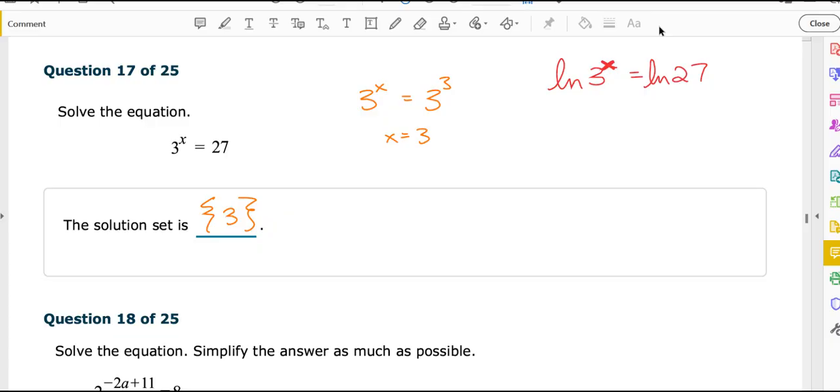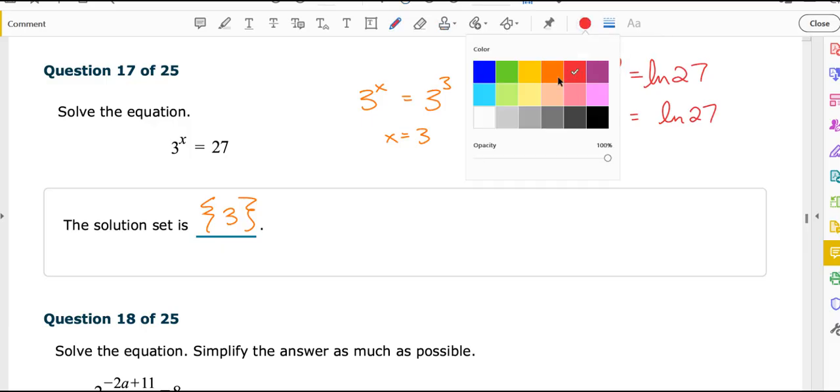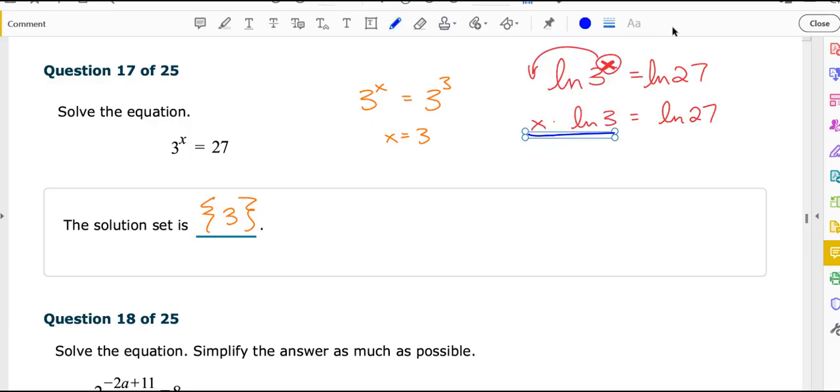X times ln 3 equals ln of 27. And now you divide both sides by ln 3. You're left with x equals ln 27 over ln 3.